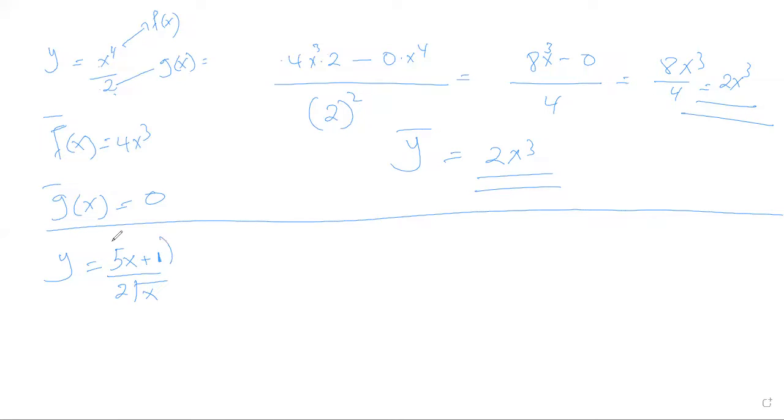First of all, the top one I will say is f(x), and here the bottom is g(x). The derivative of f(x): here will be 0 because it is constant, here will be 5 because we have our 1. And here the most complicated is this one.